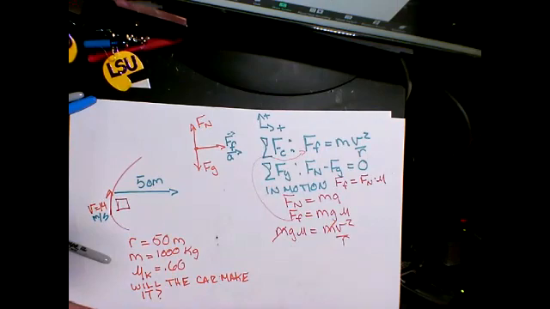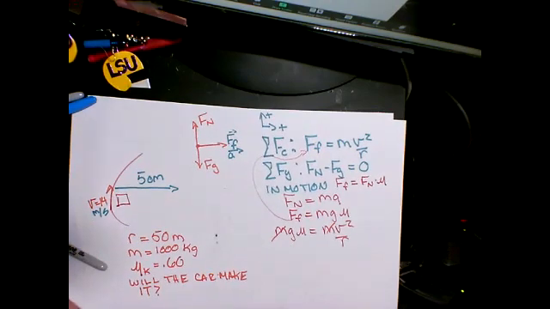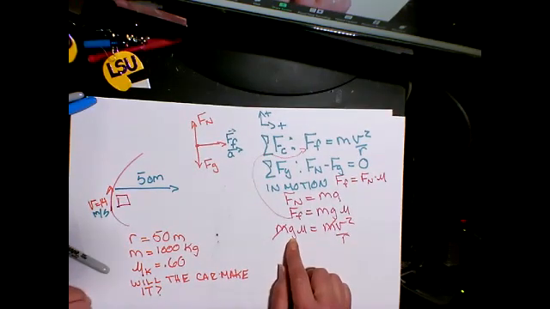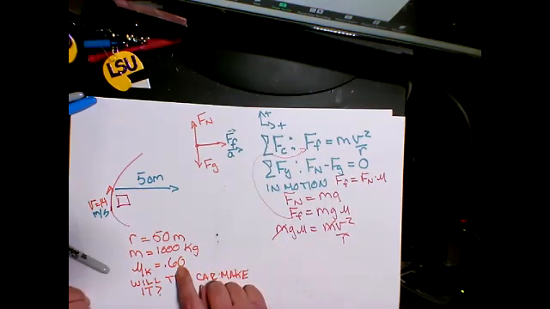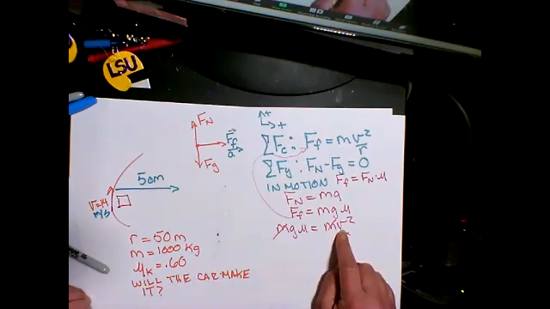Now I can look to see: will the car make it if it's going 14 meters per second? I have a couple of options here. I can look at this as its max coefficient of friction and use this to solve for the max velocity.